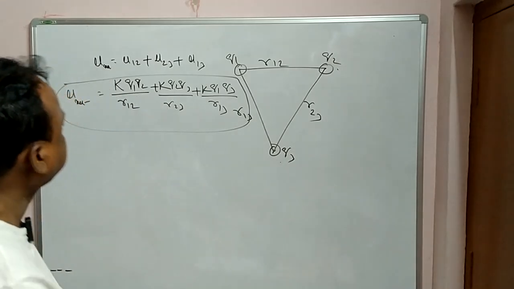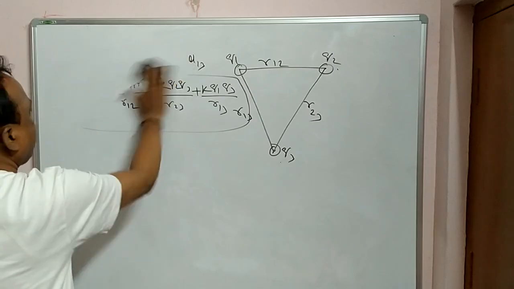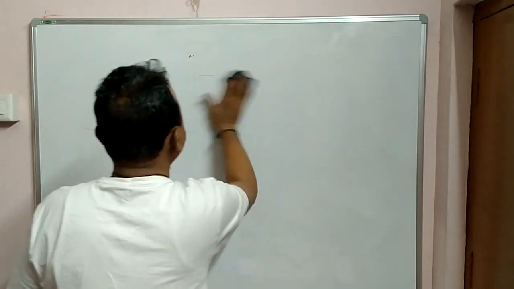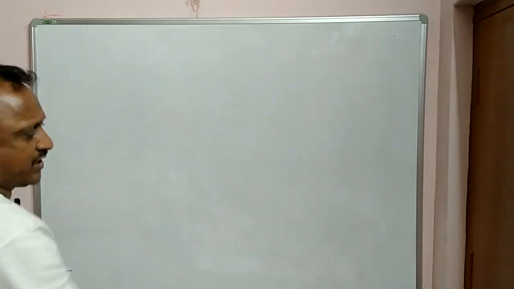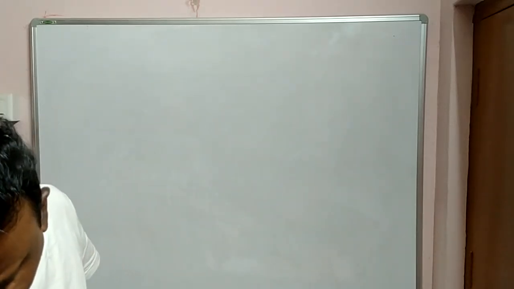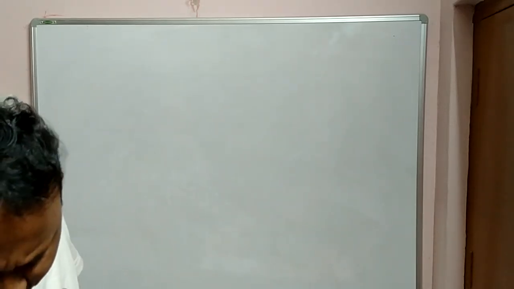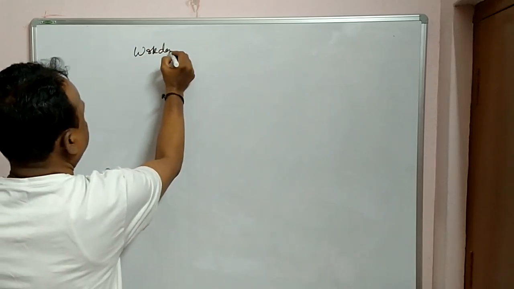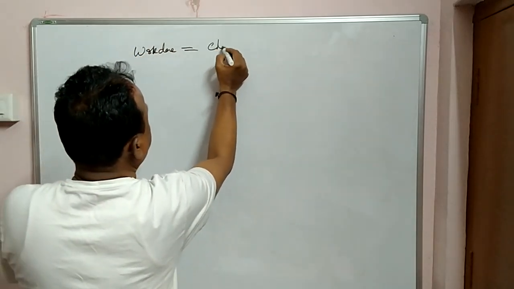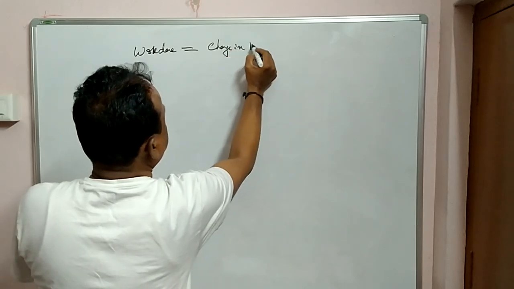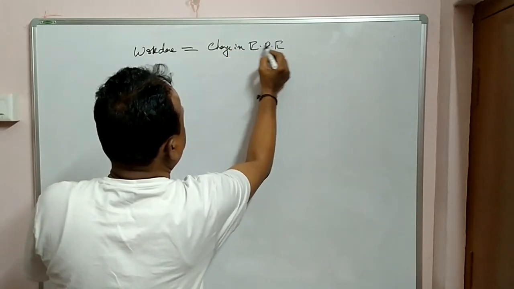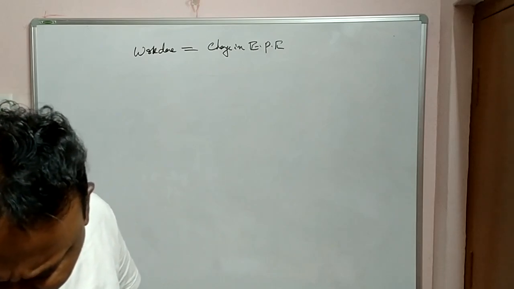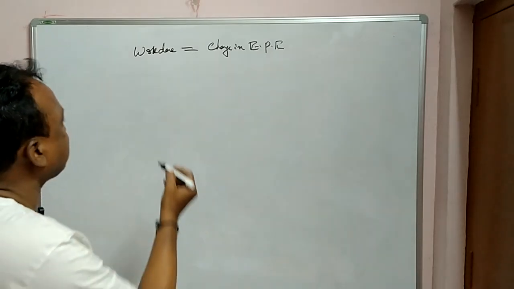Next one, what is the change in potential energy? How to calculate the change in potential? That means work done is also equal to the change in electrostatic potential energy. Work done is also called the change in potential energy.